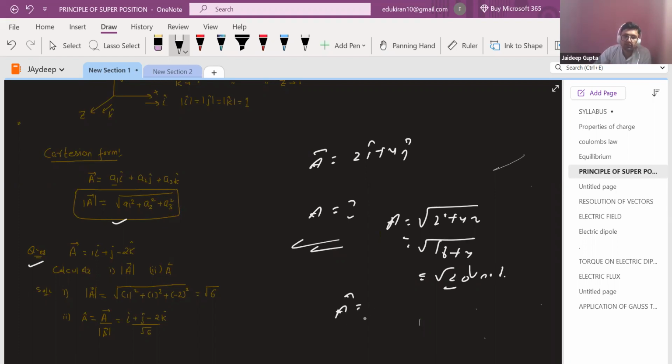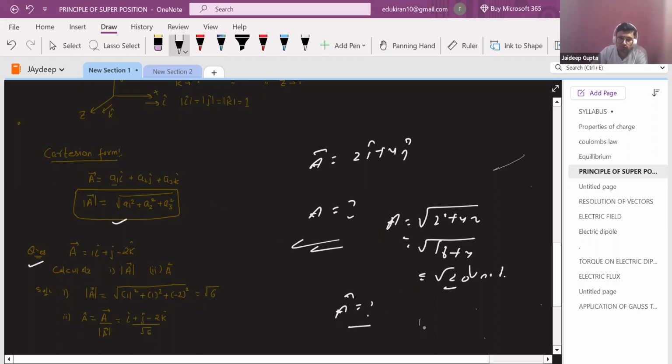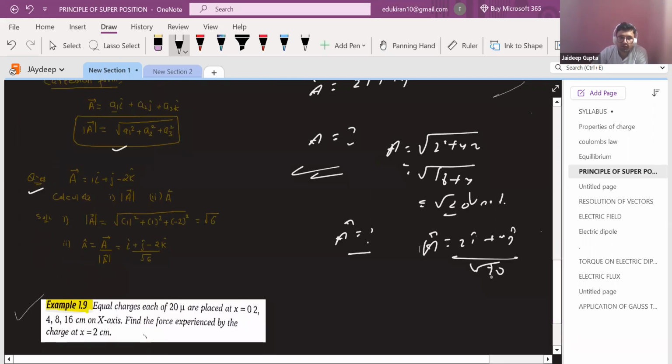Now, what is A cap? A cap is 2i cap plus 4j cap over under root 20. Okay, good.